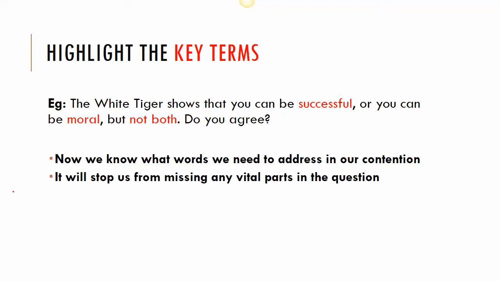Okay, so I've got successful, moral, both. And then the "do you agree" I'm going to discuss in terms of "to an extent." Now we know what words we're going to need to address in our contention, and it will stop us from missing any vital parts of the question, which can really hurt you when you miss a bit of the question.